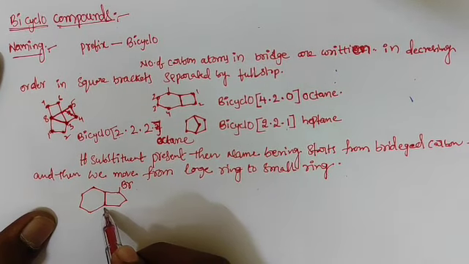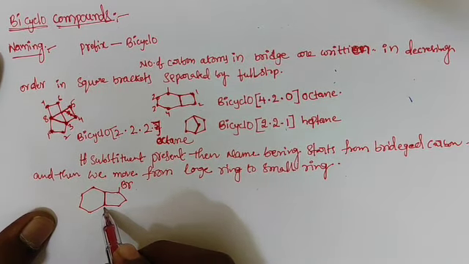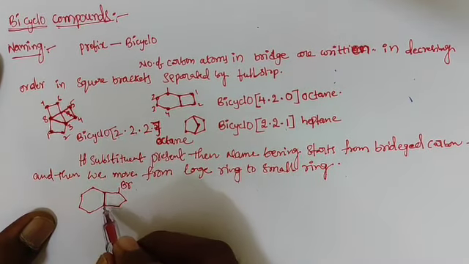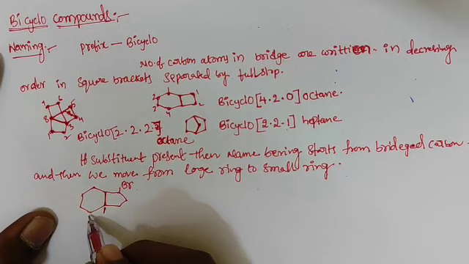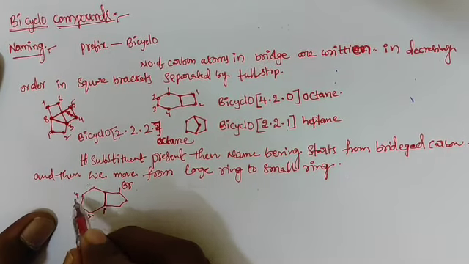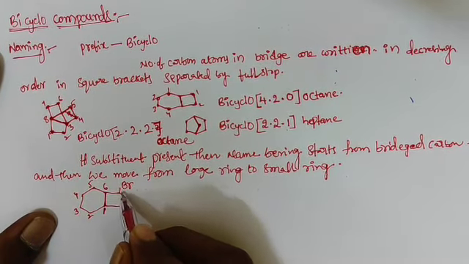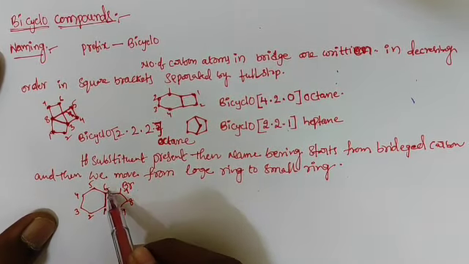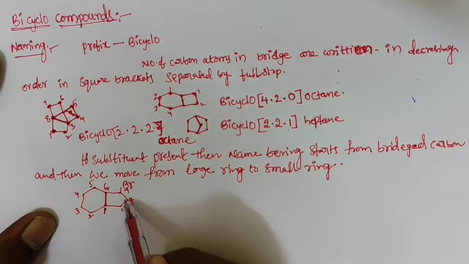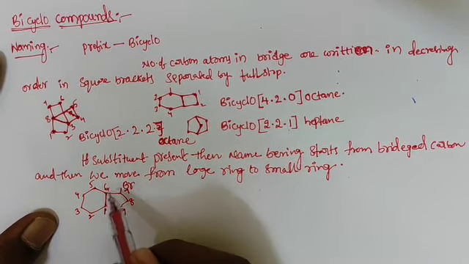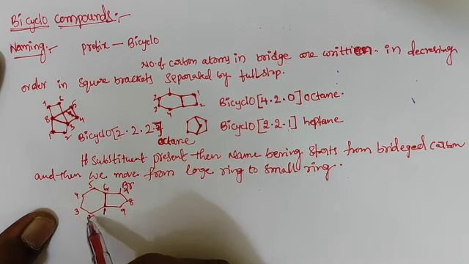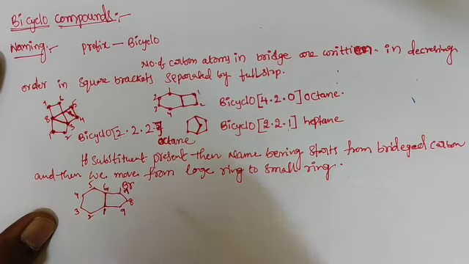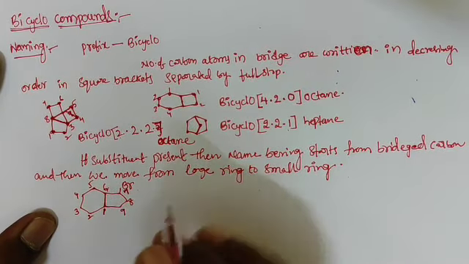So we will give 1 here, then 2 3 4 5 6, this one 7 8 9. If we give 1 here and go this way, the substituent will come at number 7 on this side, so we get the lowest number.